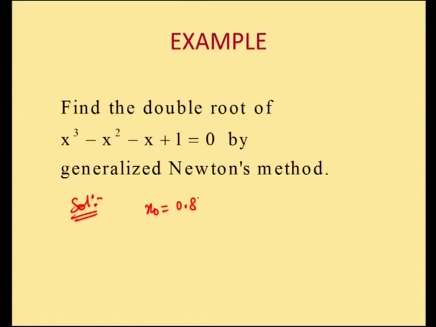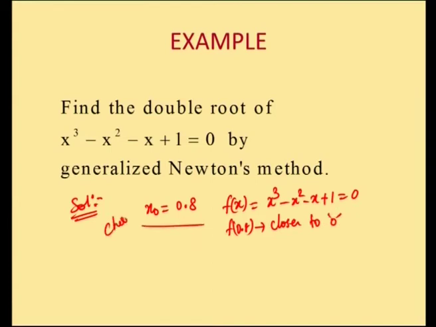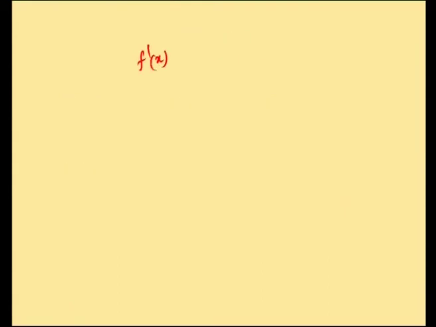That is, you check with f of x equal to x cube minus x square minus x plus 1 equal to 0 and find that f of 0.8 is close to 0. So, choose x naught equal to 0.8. F dash of x is equal to 3x square minus 2x minus 1 and f double dash of x is equal to 6x minus 2.